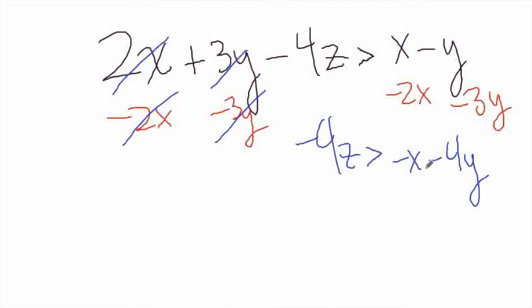Now, I could avoid dividing by a negative by doing this. Let me just do it both ways to show you. At this point, you could add 4z to both sides, right? And if you did that, you'd have a positive 4z on the right side, and then you wouldn't have to switch the direction of the inequality.